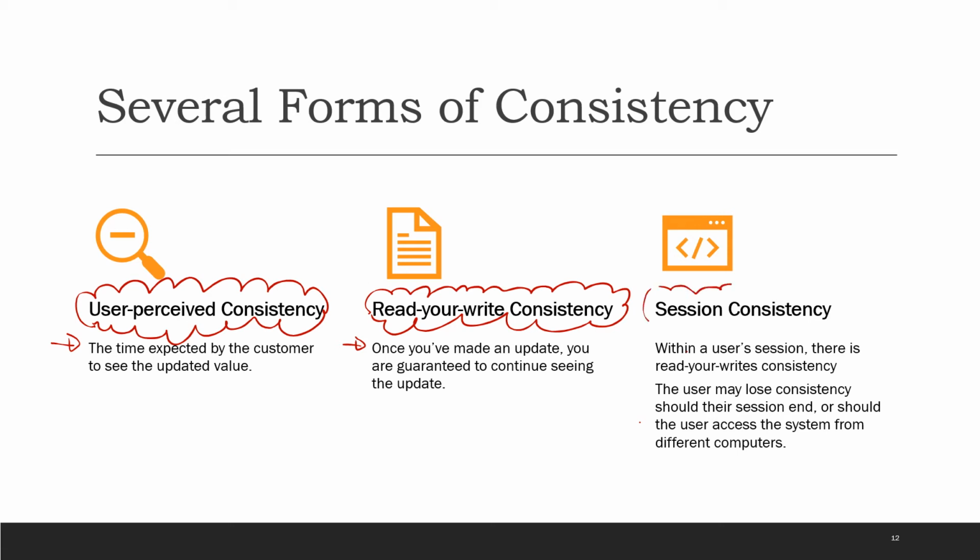The last consistency form is called session consistency. This is related to the concept of a session in a browser or in a computer application. It means that within a user session, there must be read your write consistency. So if you're still in the session, you should be able to see your update, your post, your writes, or whatever.